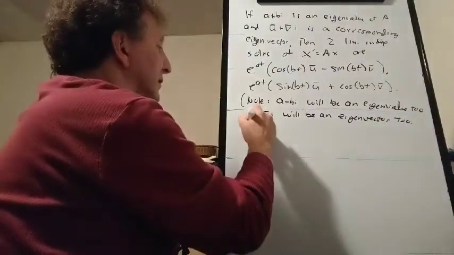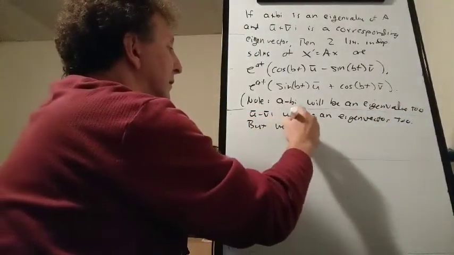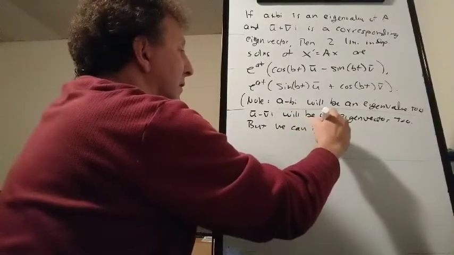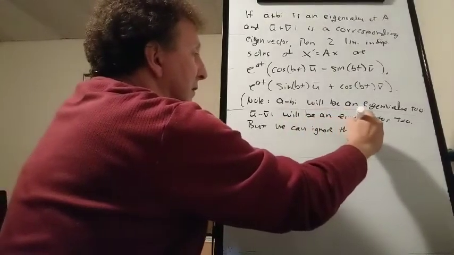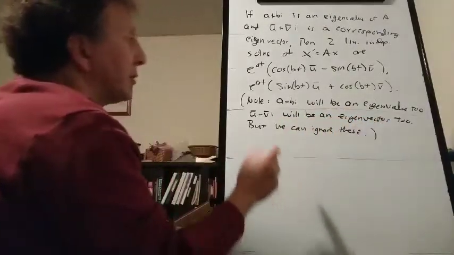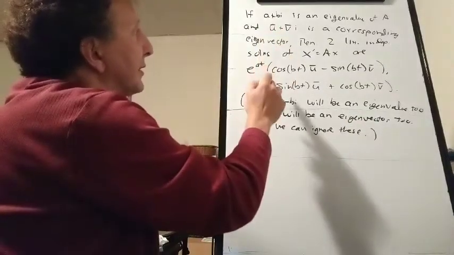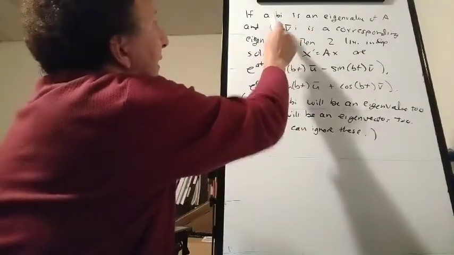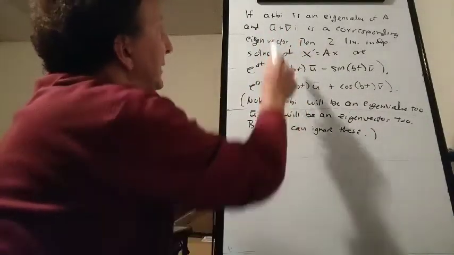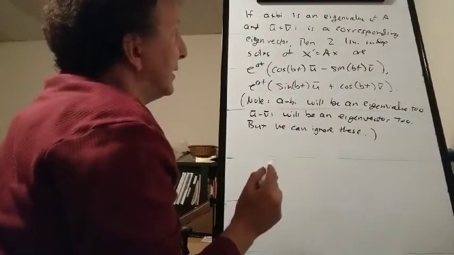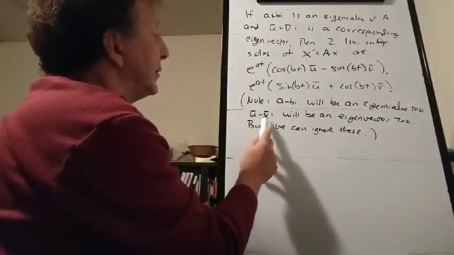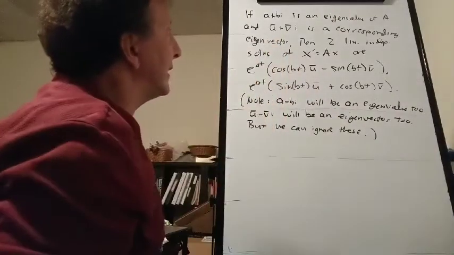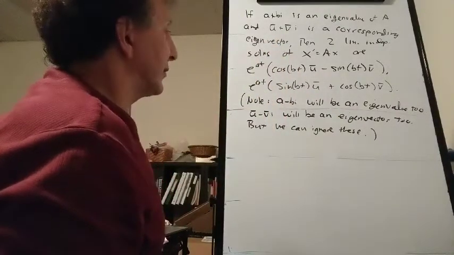But we can ignore these, because we're going to pull the a and the b out of the a plus bi eigenvalue, and then the u and the v are already occurring in the u plus vi eigenvector.